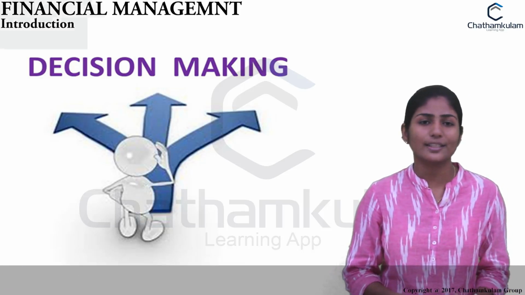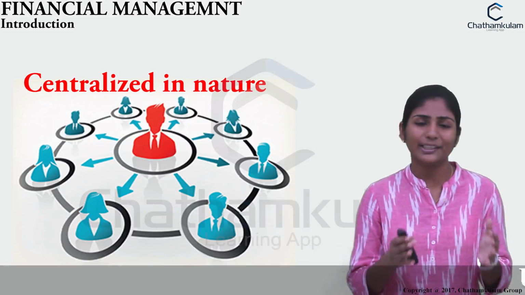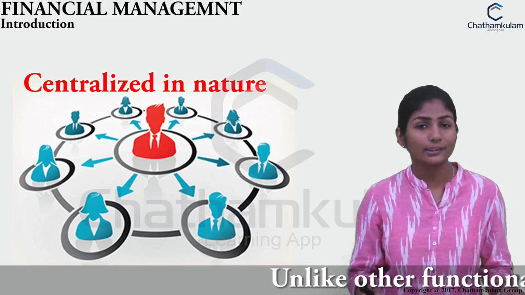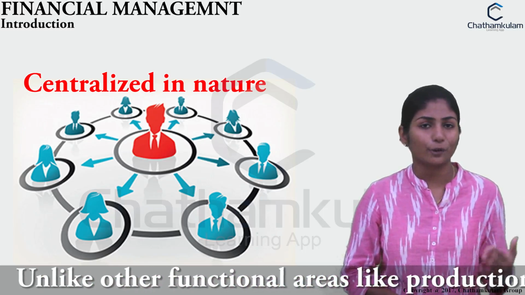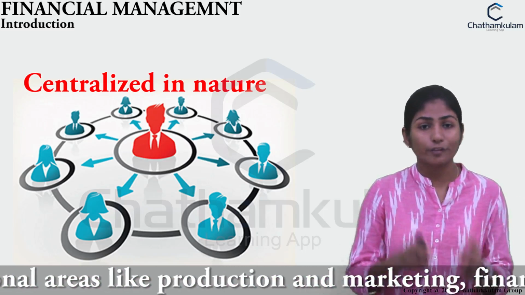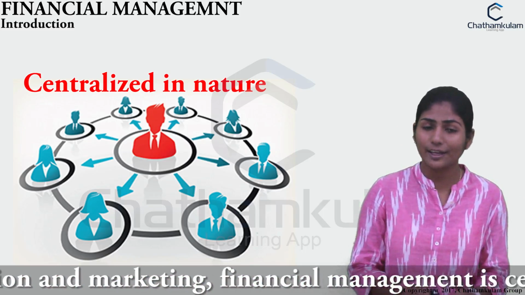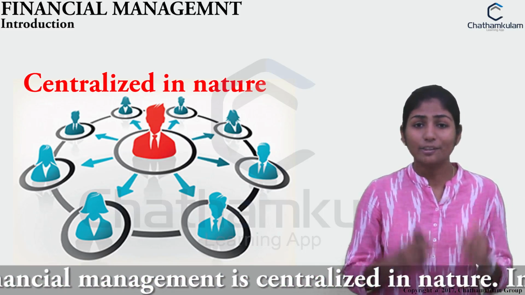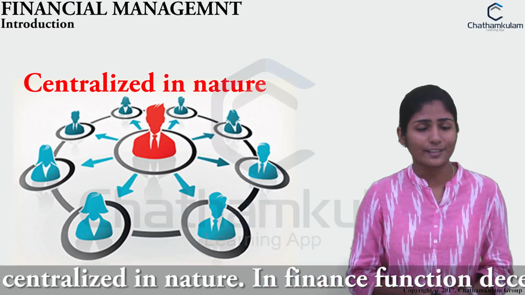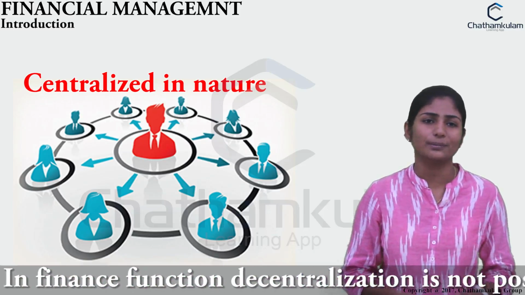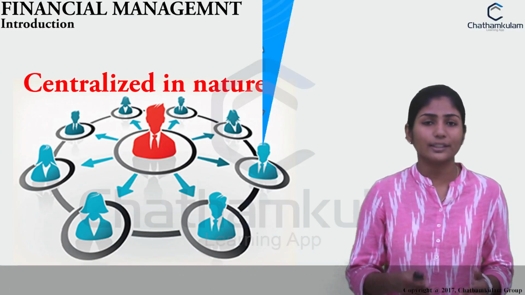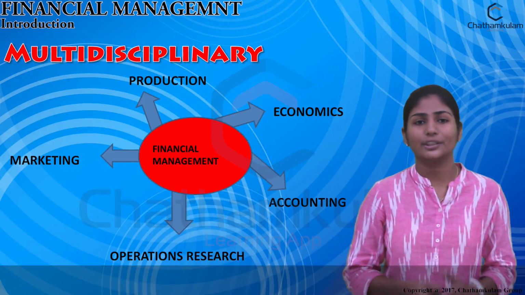The next point is centralized in nature. Unlike other functional areas like production, marketing, financial management is centralized in nature. In finance function, decentralization is not possible. The next point is multidisciplinary.